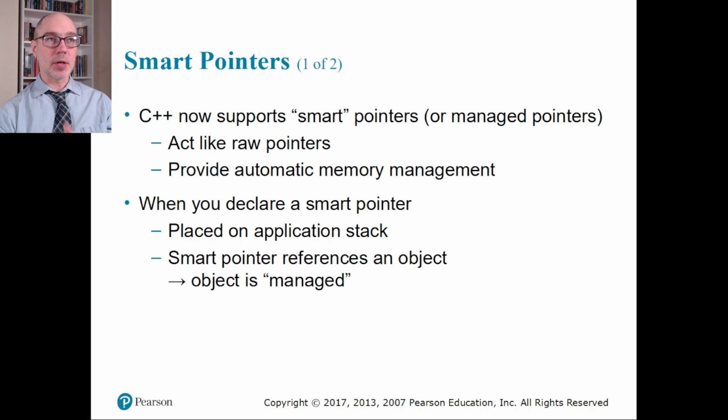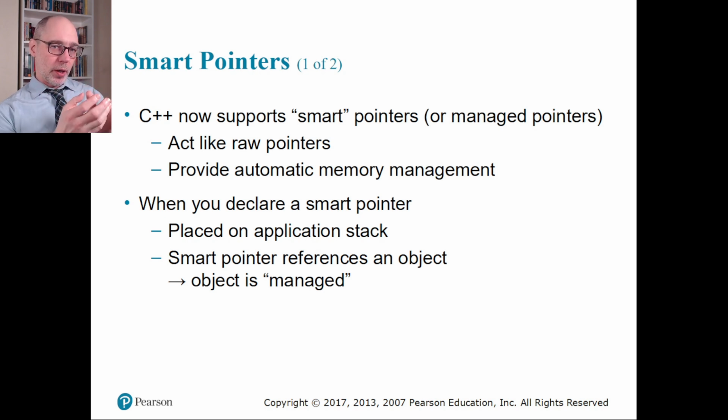So when you declare a smart pointer locally in a function, the smart pointer will be an object on the stack like normal, or you could dynamically allocate the smart pointer itself in the free store, although that's kind of unusual because you normally use the free store for big things. Smart pointers are mostly just an address and a little bit more data.